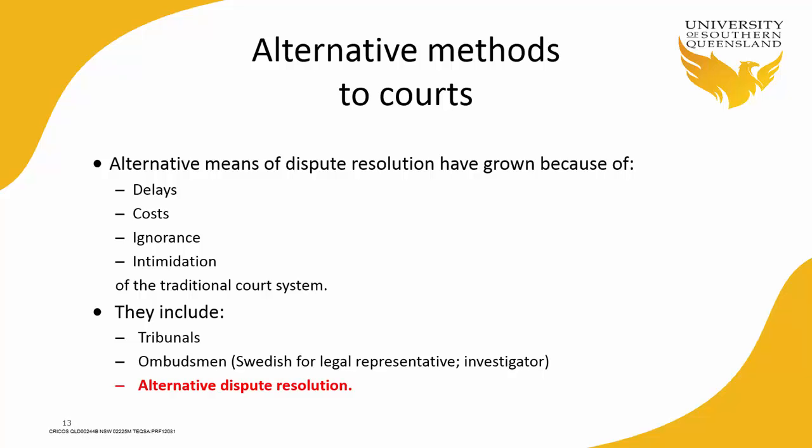So the first one that we'll talk about is what's known as tribunals. There are also others, as we said, and there are also things like the ombudsman or even the ADRs that, as I said again, and that's why they're highlighted in red, will be the subject of your assignment.